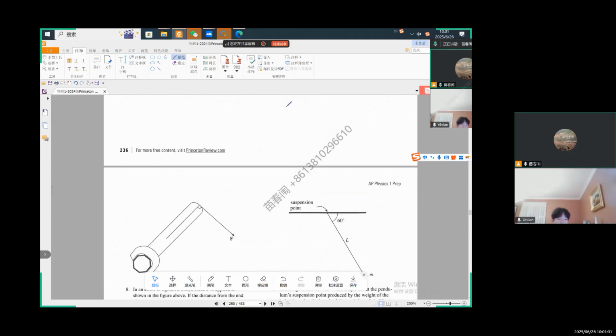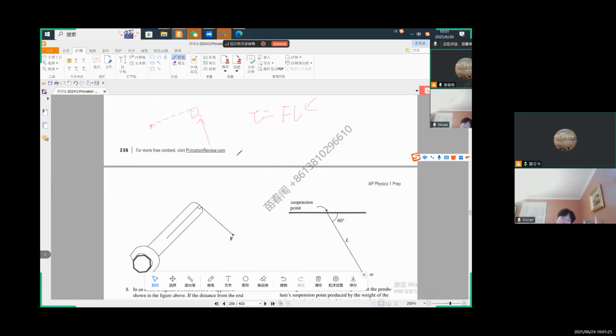And the torque, I remember this one. What's this L called? L is the perpendicular distance. Remember, it's the perpendicular distance from the pivot to the action line of the force.